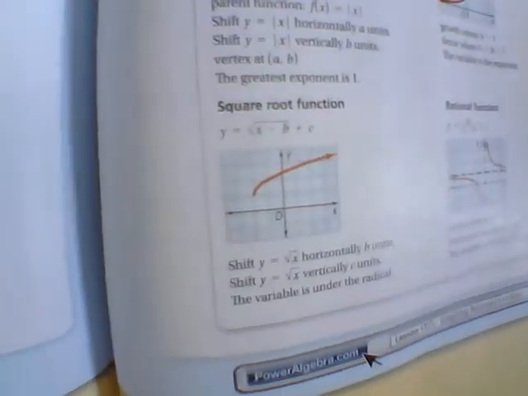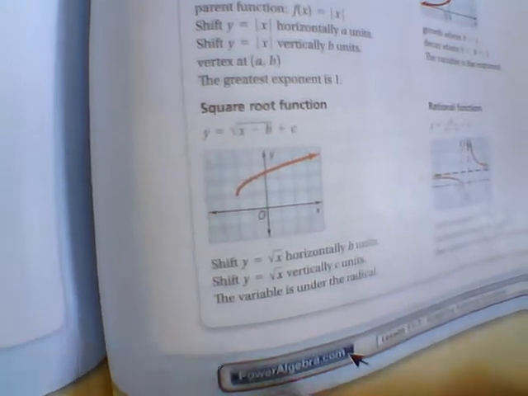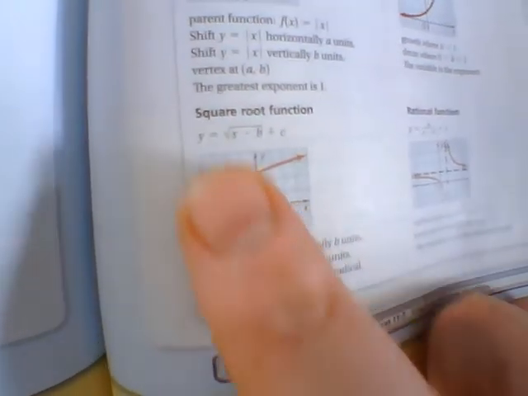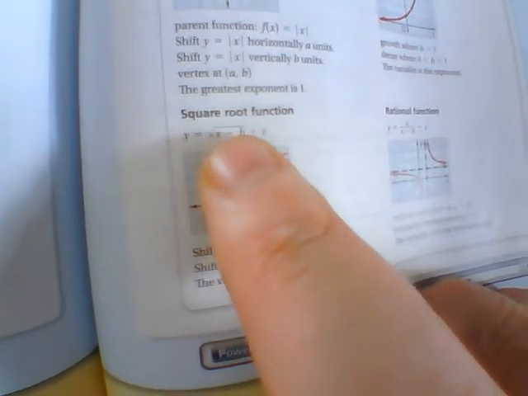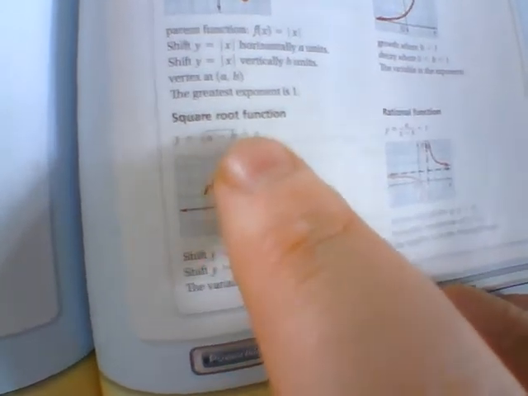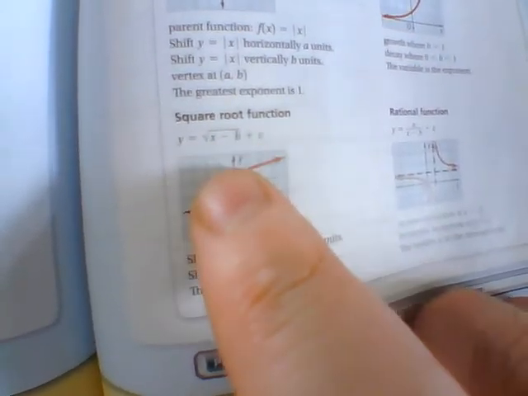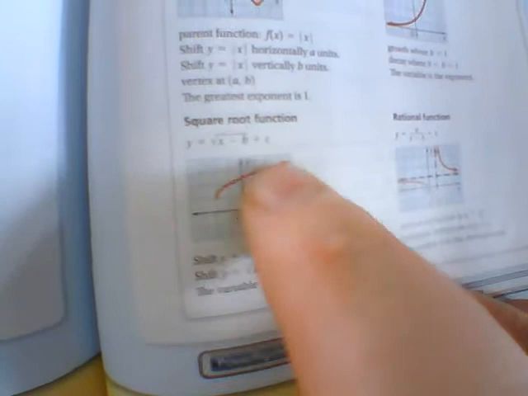We had our square root function. Sorry about that, my hand slipped on me. Our square root function right here had our square root of x inside here, and then minus b, which was our horizontal shift, and then we had our vertical shift within here.